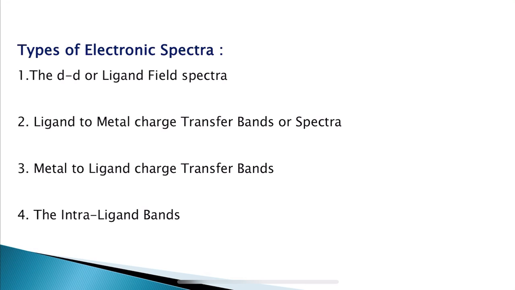Like this we took many examples and understood how to write down the ground state for dn systems. Based on Hund's rule, we write down the spectroscopic ground state for dn systems.